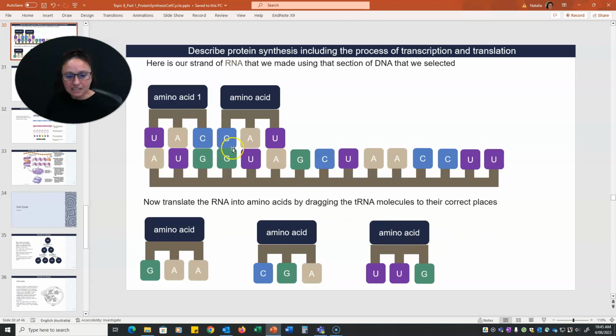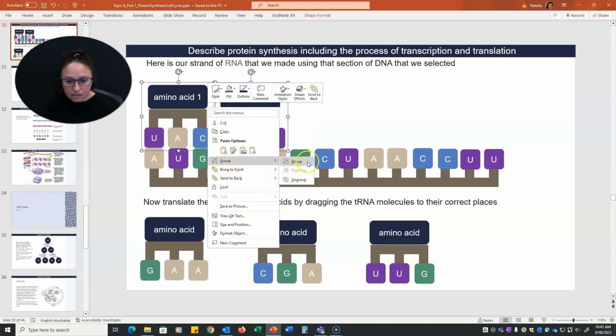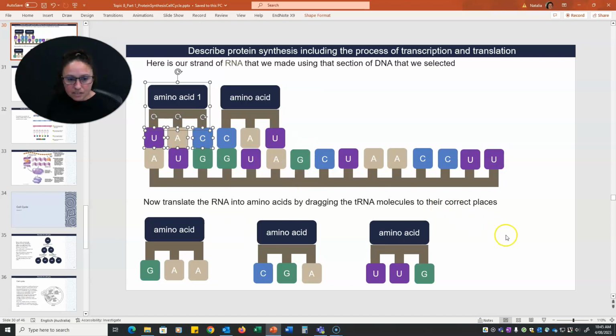Right, now what happens in the ribosome is this. Let me just ungroup these guys. I just need to ungroup all of them, sorry.